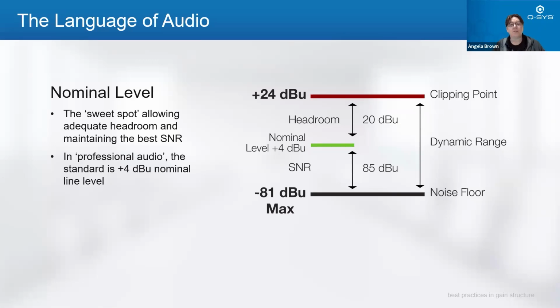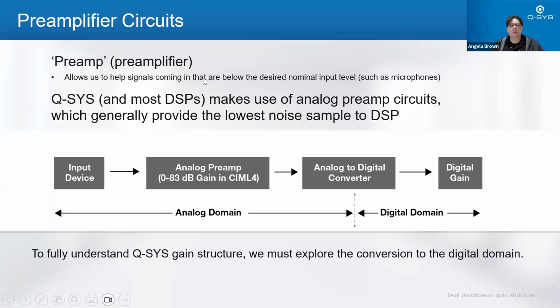For balanced analog audio circuits, this is generally at or around +4 dBu for most professional audio systems. When you get into consumer, a lot of times you're sitting at -10. That's the difference between unbalanced and balanced circuits. Our nominal level for the analog side, like I said, is we want to shoot for that +4 dBu.